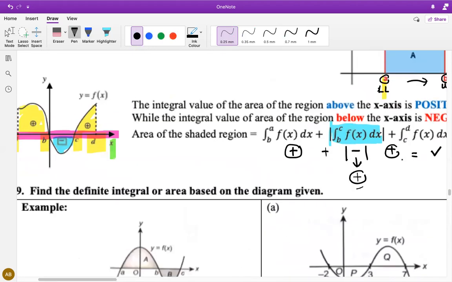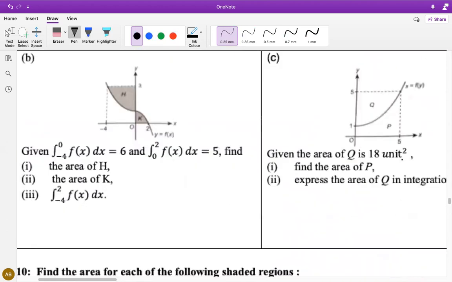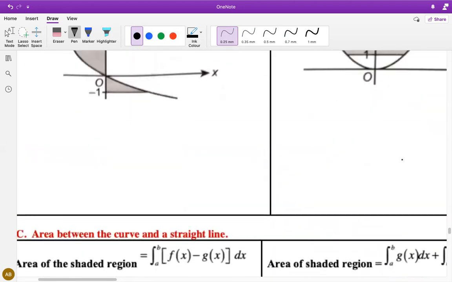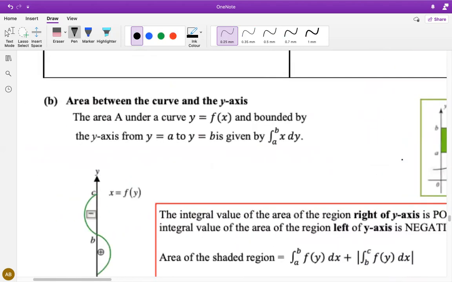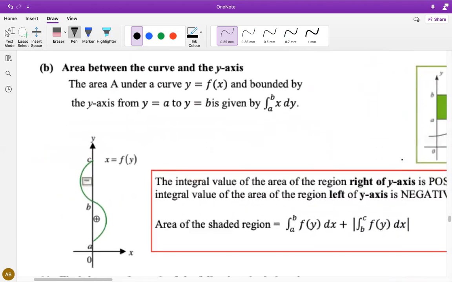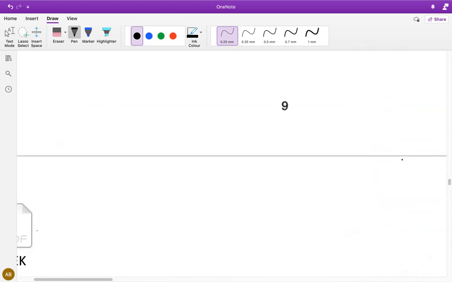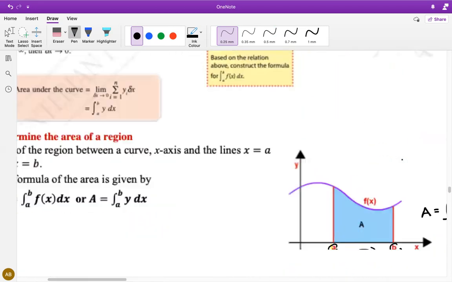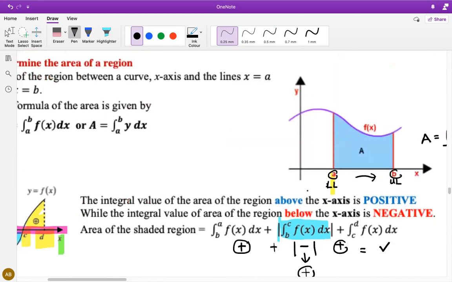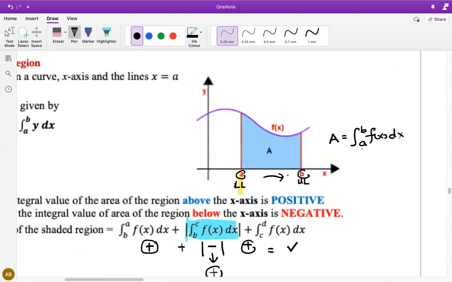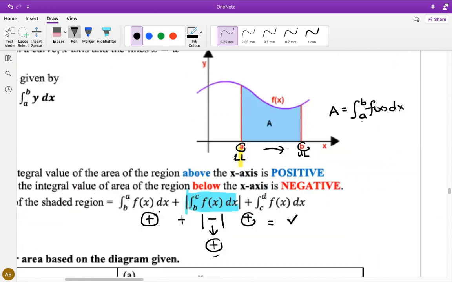So if you want to find the area of the region, just now it was dx, the area bounded by the curve and the x-axis. Now let me repeat: this is the area bounded by the curve and the x-axis. So remember, if bounded by the curve and the x-axis, then you use f(x) dx.